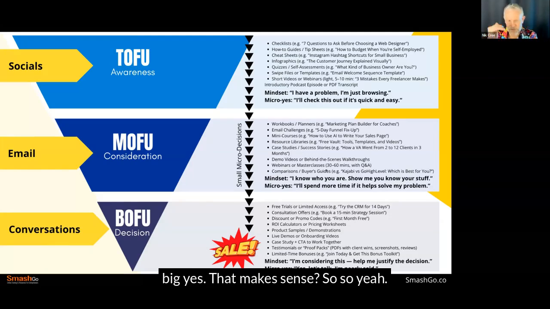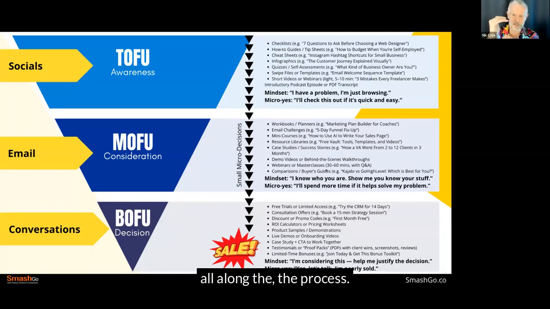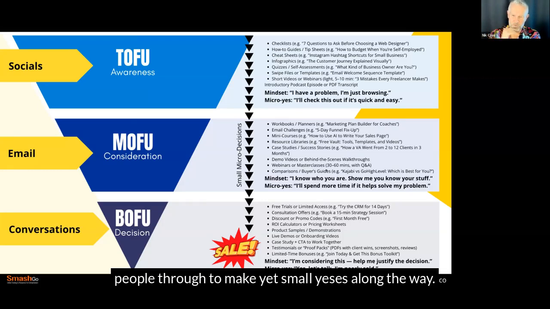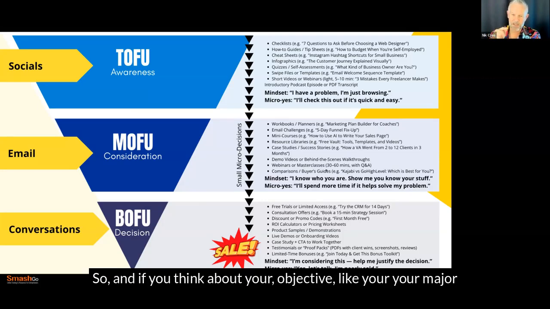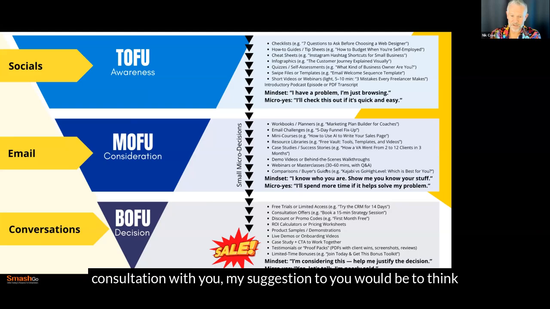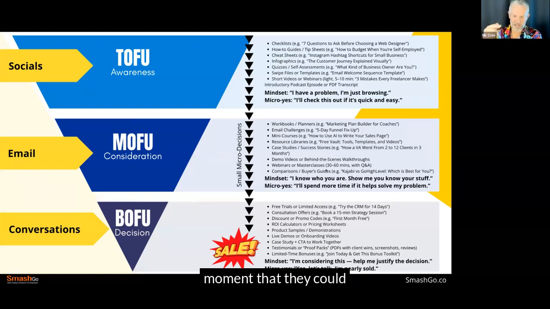Does that make sense? And you'll see the arrows down the middle of the screen all along the process here. You think about what are the small steps you can take people through to make small yeses along the way. If you think about your major objective, let's say you want them to book a consultation with you, my suggestion would be to think about what are 10 steps between where they are at the moment that they could take before they book the consultation.